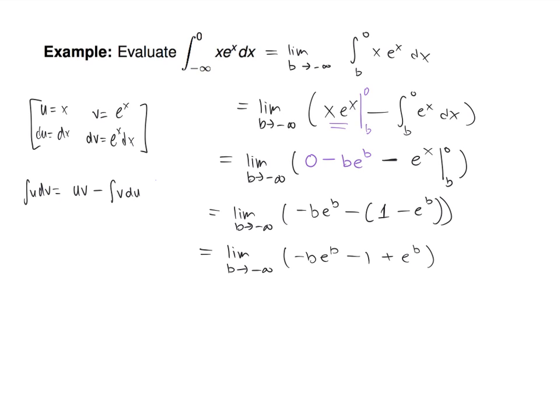I'm going to wait for what you're about to ask. Okay, so b is going to negative infinity, which means b is getting very, very large and negative, right? I think of those as two separate components. I can make b negative and then make it get very large. Does that idea make sense? So what I typically do with limits at negative infinity is I say this is the same thing as the limit as b goes to infinity.